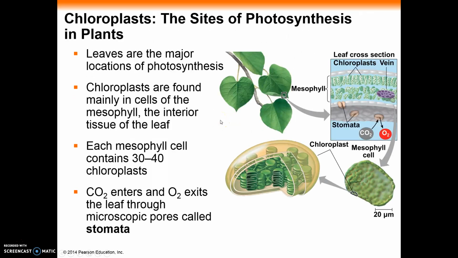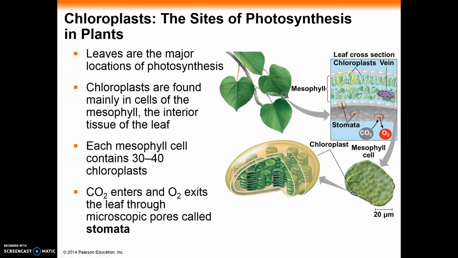So let's take a look at a plant. Here we have a plant leaf. That plant leaf has a layer of epithelial cells which separates the inside from the outside of the plant. In there are these things called stomata, which can open and close, letting in carbon dioxide and letting out oxygen.